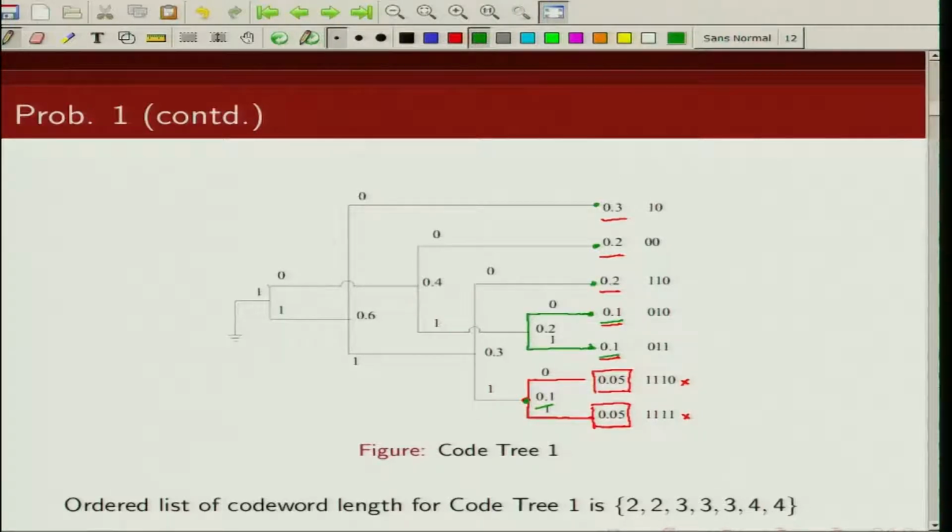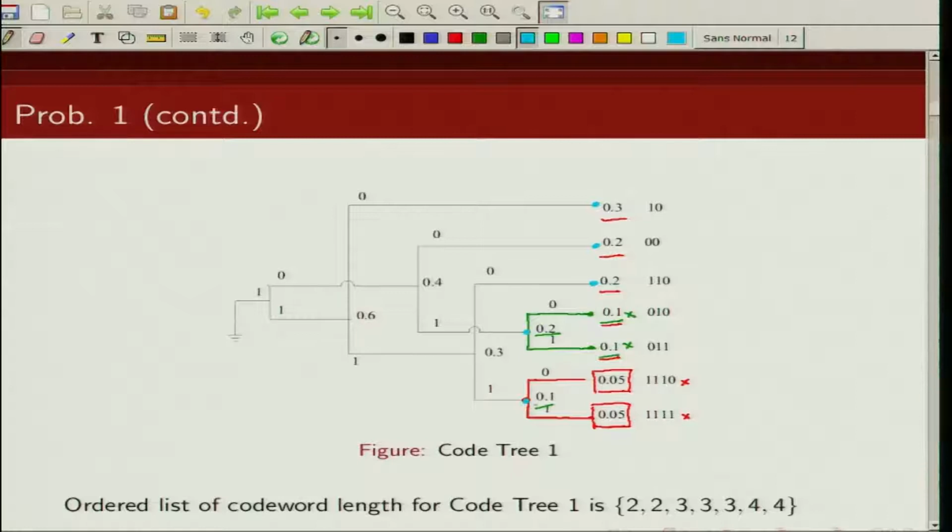If I do that, I create a new node which has probability 0.2 and I deactivate these 2 nodes. So at this point my active nodes are this one, this one, this one, this one and this one.